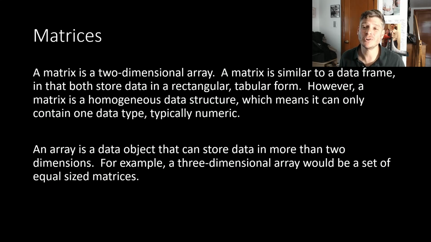So for a three-dimensional array, you would have a bunch of two-dimensional matrices, and if you stack those matrices on top of each other, that becomes an array in 3 dimensions. And then if you were to stack three-dimensional arrays together, you get a four-dimensional array, and again, now we're at the point where we can't really visualize what's going on.